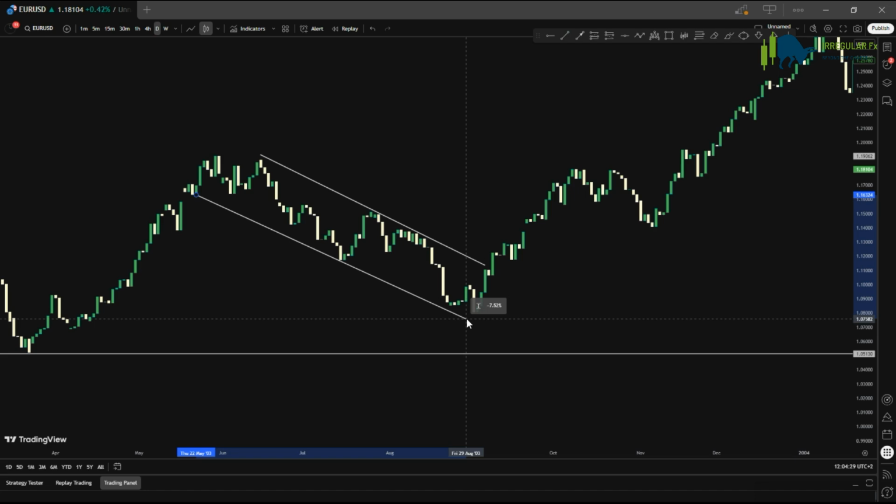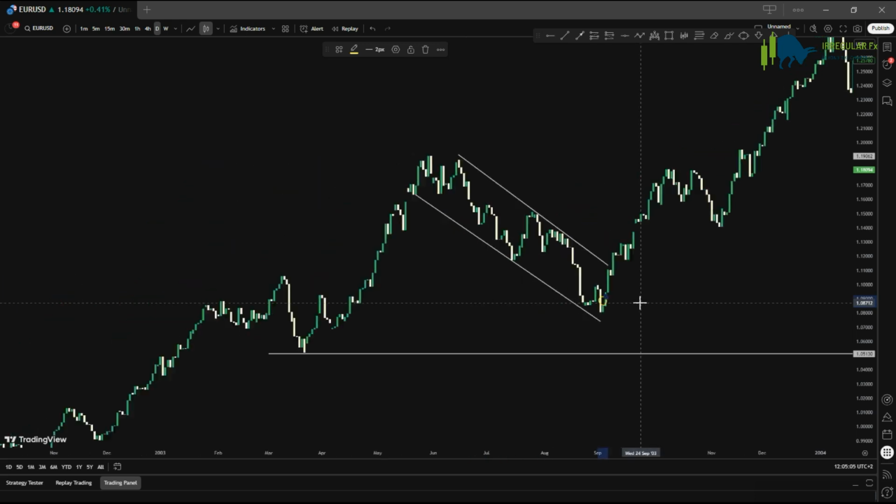So this is where we take our entry, after the dead touch. Our entry was somewhere around here. If you were a swing trader, those who like to trade on a larger time frame, like the daily and the weekly, this was where your entry would have been.